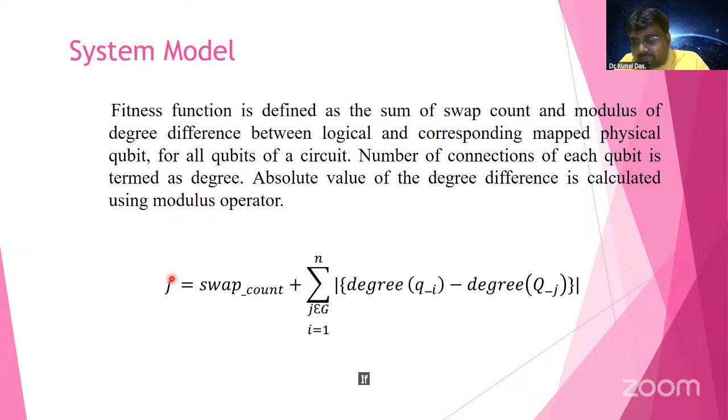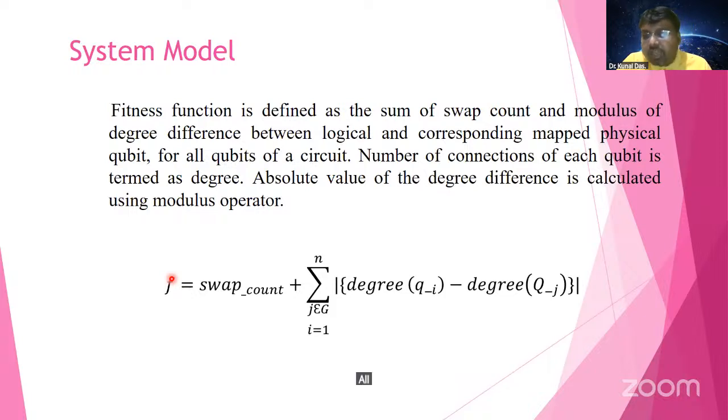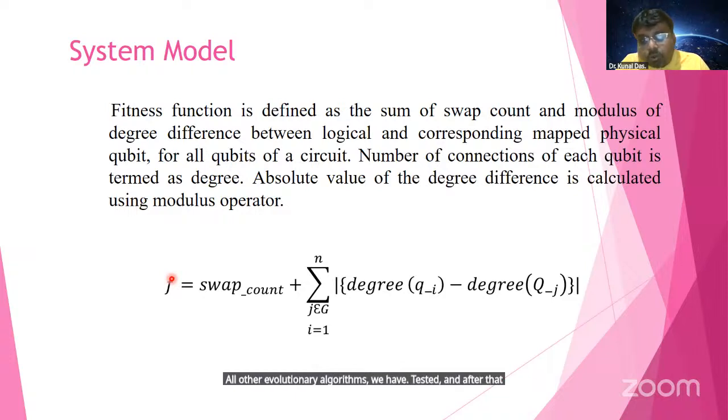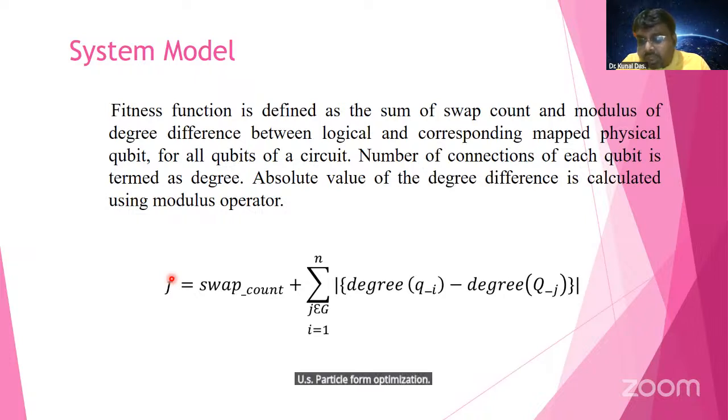That is compared to the different possible heuristic algorithms as well as all other evolutionary algorithms we have tested, and after that we come closer to the conclusion that SOP, POS, particle swarm optimization, will be the best way to optimize the result. And once the result is optimized, we get the transpiler circuit.